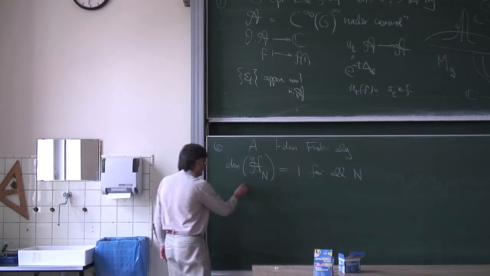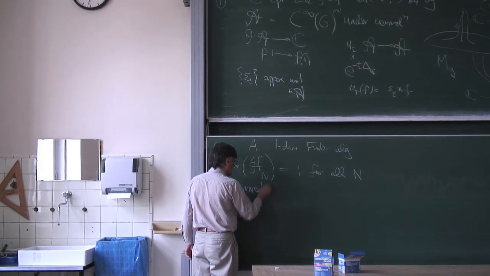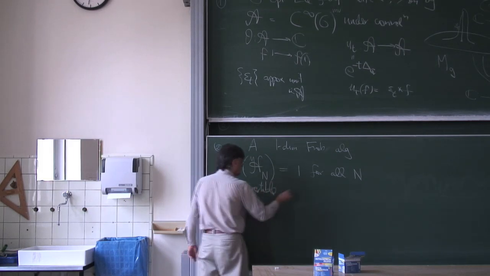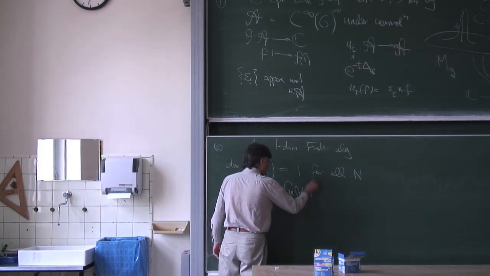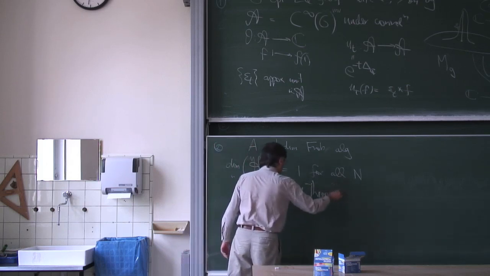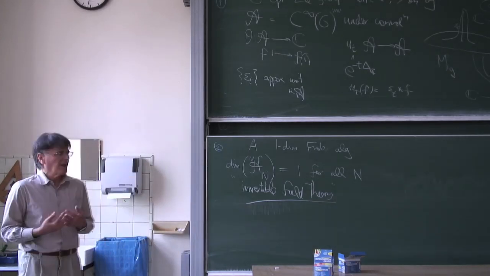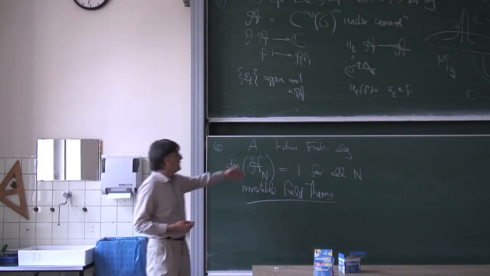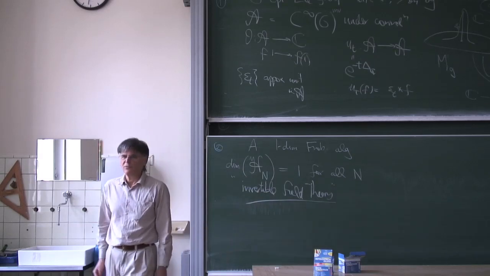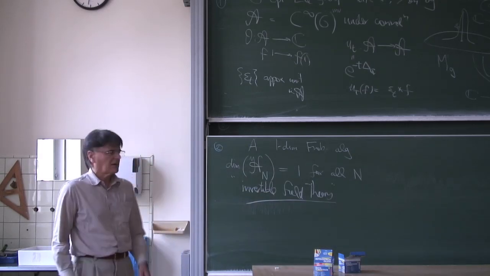So this is sometimes referred to as an invertible field theory. Because clearly field theories can be tensored, and clearly you can tensor with the dual of a theory, and that will be an inverse under tensor product.